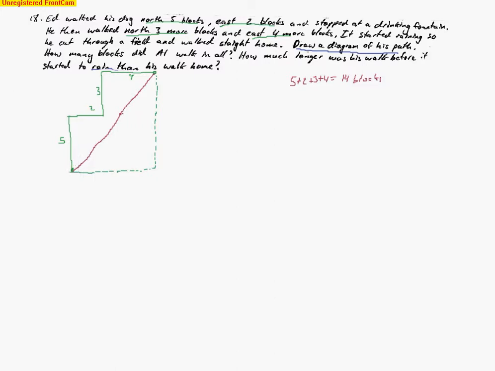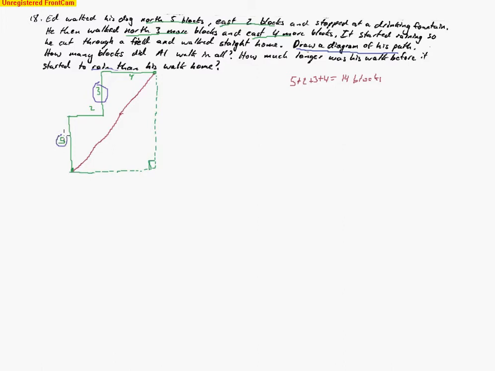So I just drew that right triangle with my right angle being right here. And so in order to find out what this side is, I need to know what these 2 sides are. And I can get that information from the numbers that we have. So notice how we went north, then east, but then north again. So notice this line here is longer than the 2 lines that we had previously gone in the north direction.